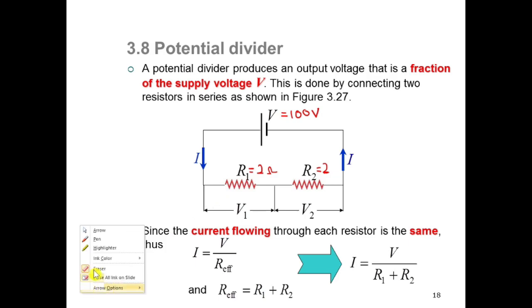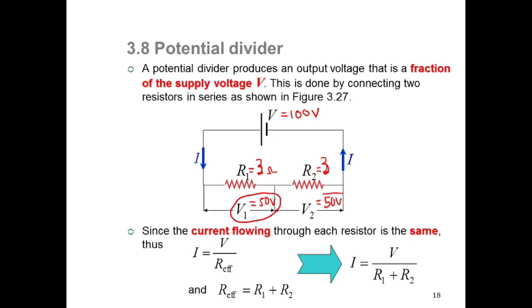V1 will be equal to 50 volts and V2 also equal to 50 volts. If you change the resistors to 3 ohms each, the voltage is still the same: V1 equals 50 volts and V2 also 50 volts.